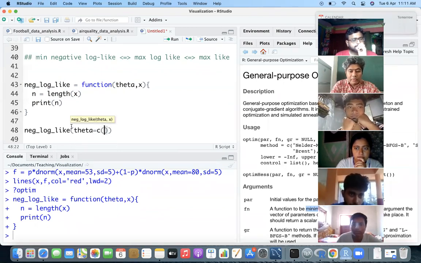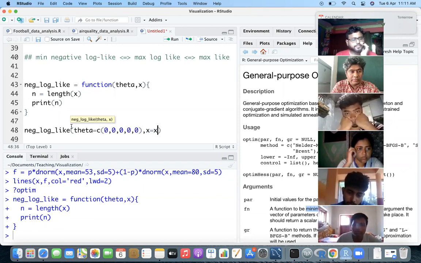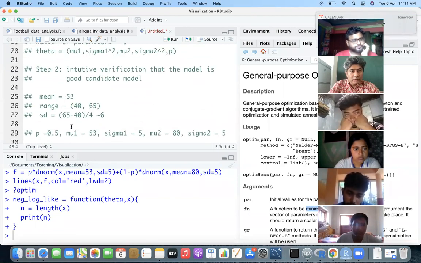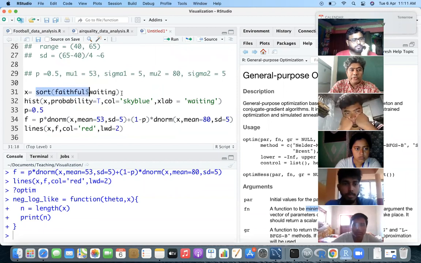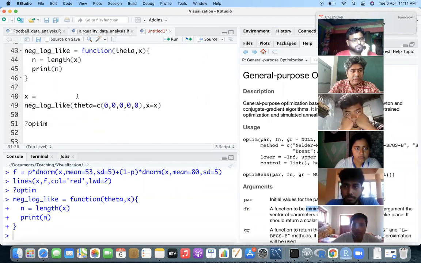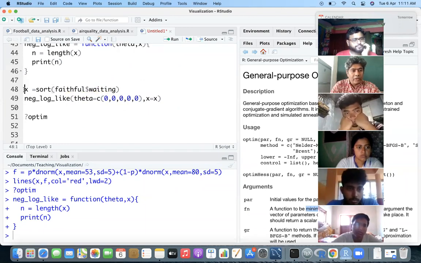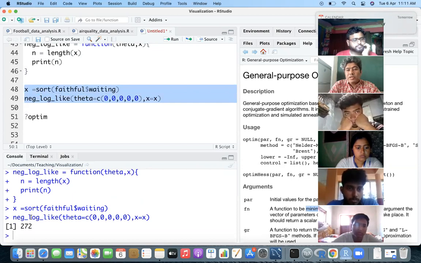What I will do is 0, 0, 0, 0, 5 zeros, and x equal to x, where x is, purposefully I'm keeping it here so that you don't miss out what x is actually. So there are 272 data points in the data.